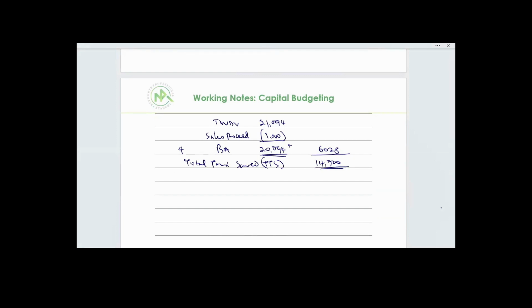So to confirm that, because you cannot claim above the capital allowance you are supposed to claim, I need to confirm I have not gone beyond my required capital allowance. In this case, I can use a formula to confirm that. I will say total tax saved equals the cost of the assets minus fair value multiplied by the company tax rate.